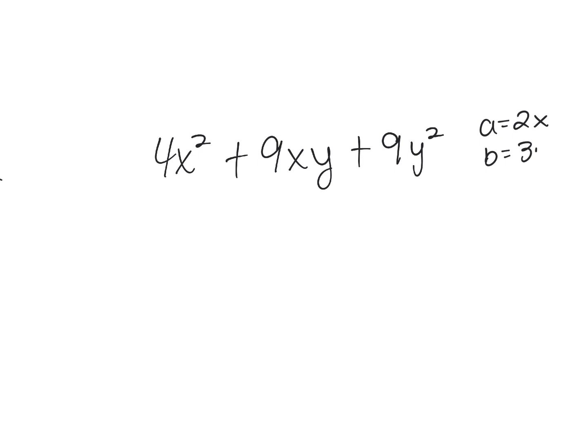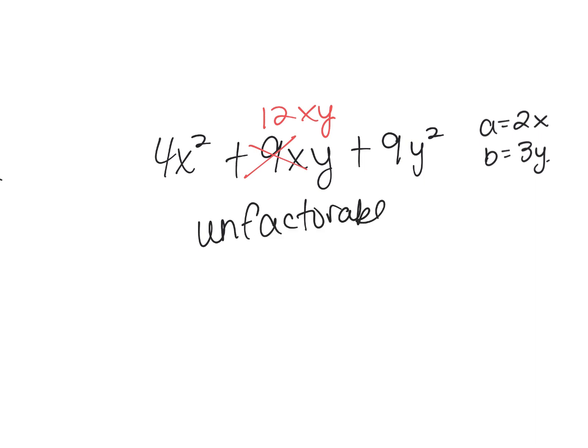That would be 3y. Now is the middle term those two multiplied together and doubled? The answer is no, that is not what that is. If this was 12xy, that would work. But as it's written right here, you can't factor this. So if you came up to this, this would be unfactorable. I just wanted you to be able to see one that's unfactorable just so you are aware.